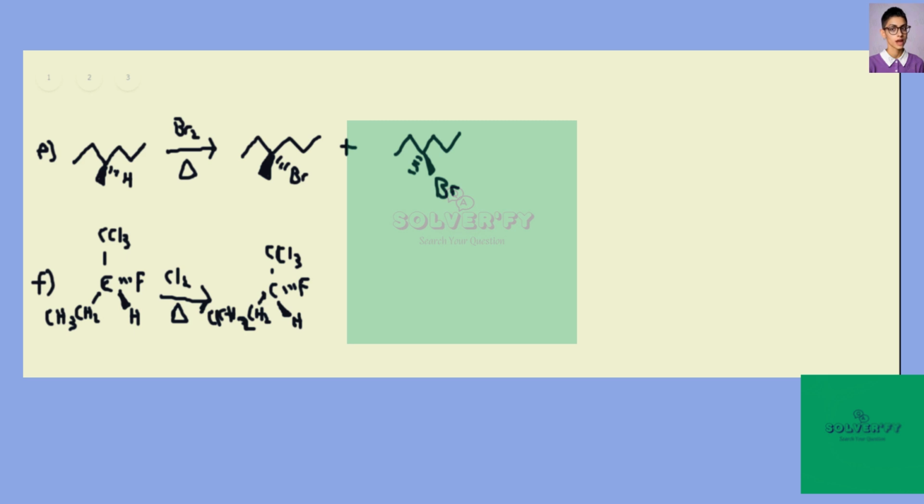So we can have the chlorine add to that terminal carbon, or we can have the chlorine add to the central carbon. Or we can have the enantiomer of that.